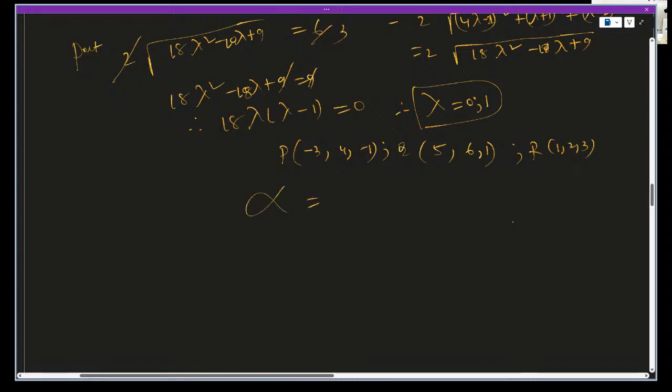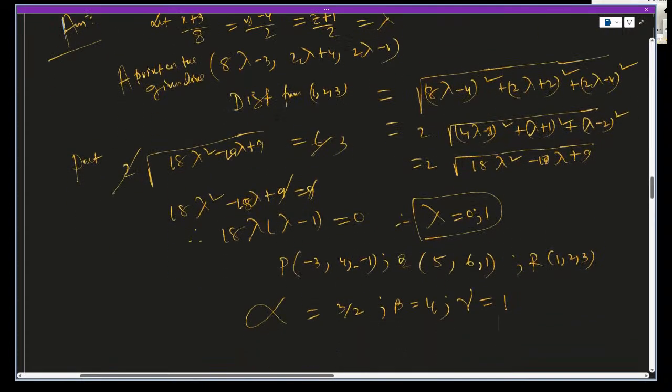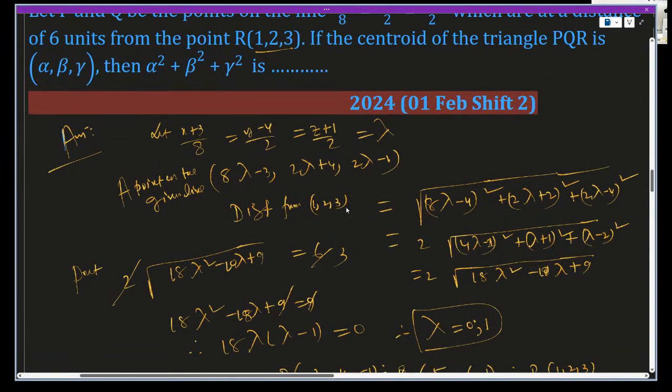Sorry, alpha. 6 minus 3 by 2. This is 3 by 2, beta 4, gamma 1. Isn't it? For lambda equal to 0, you got minus 3, 4, minus 1.